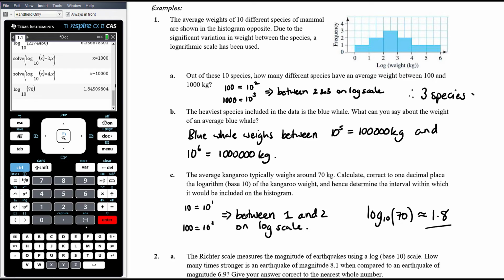It's not kilograms. This is just a measure for the axis. The kangaroo doesn't weigh 1.8 kilograms, it weighs 70 kilograms, which on our log scale is equivalent to a value of 1.8. And so that marries with what we considered just by thinking about the size of the number we were dealing with.